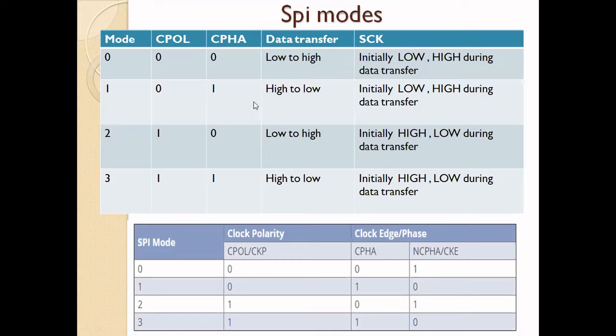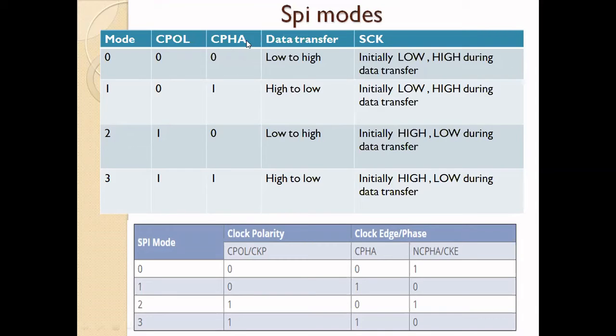So what you have to understand is, if the clock polarity is 0, as in the first two modes, the clock pulse is initially low. Next, during data transfer it will become high. Here the clock polarity is 1, in mode 2 and 3, so initially high, and during data transfer it will become low.